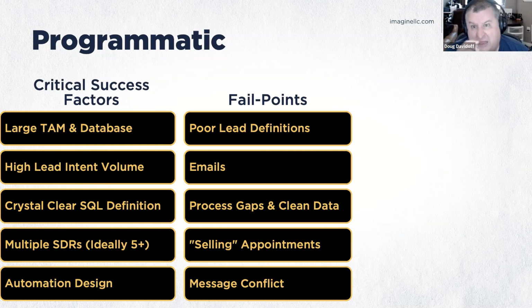Remember, if there's not a high level of intent in the programmatic game, the dominant game, then it's highly unlikely that that piece of business is going to turn into revenue in the time period that the rep that gets the lead needs to turn that into revenue. And then the last point is message conflict. You might be positioning yourself one way and then you start going outbound and you become super transactional, or you send shitty emails, things like that.